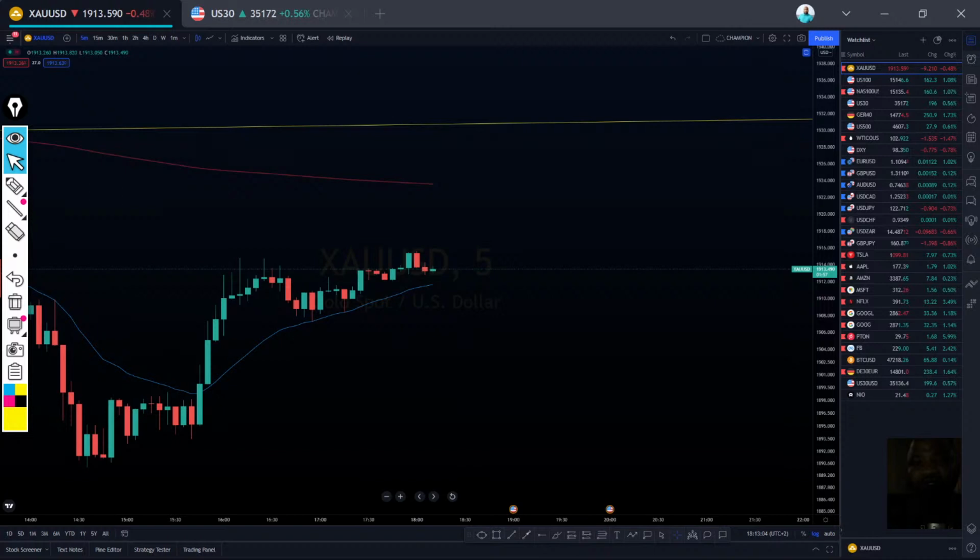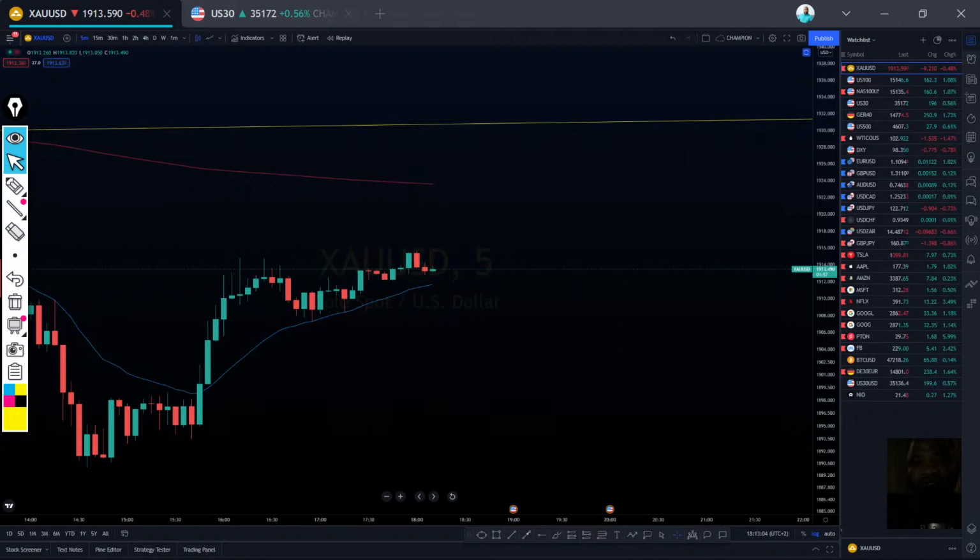Let me go to the hourly time frame with gold. This is where gold is at. Gold was bearish today, on the 1 hour time frame.